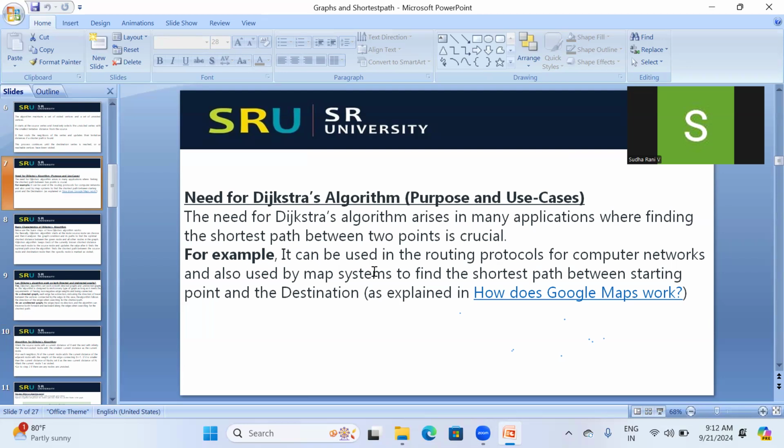Take the example of routing protocols for computer networking, and Google Maps, where it finds the shortest path between the source and destination.